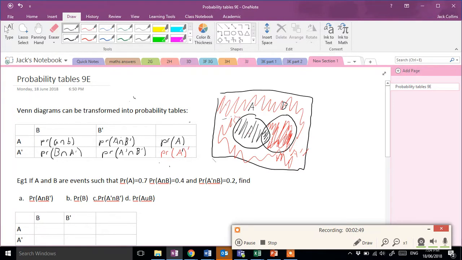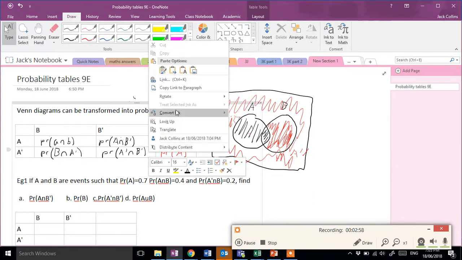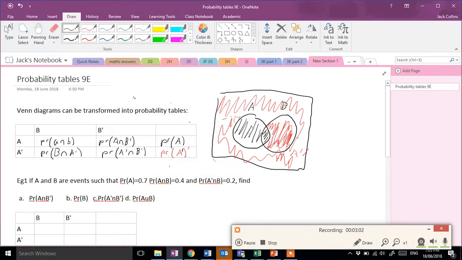So I should have added a row below here. Couldn't be bothered. We can add it in ourselves, guys. No worries. So probability of A plus probability of A dash, when you add two complementary events, that adds up to 1.